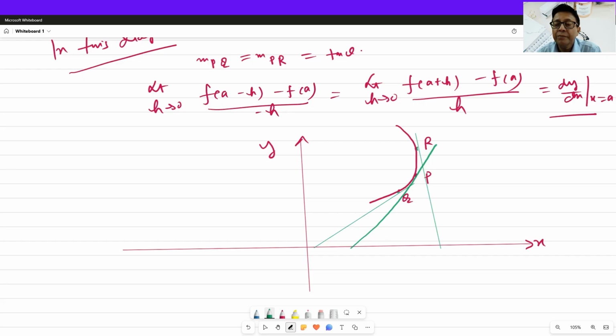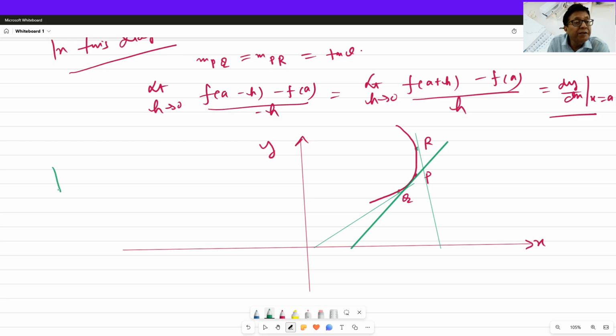Okay? Now, these tangents will coincide. What does it mean? Q will be tending to P, R will be tending to P, then only it is possible. If you claim that I have got a separate tangent, that is not possible.